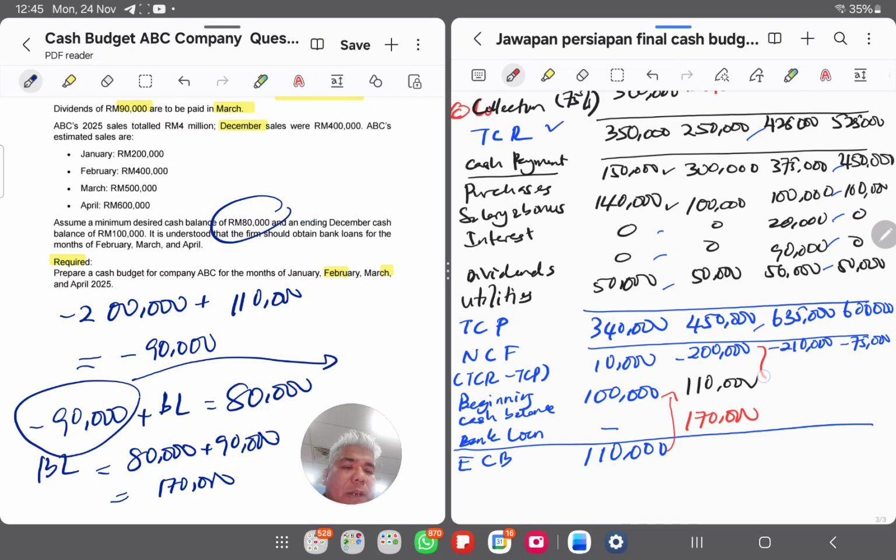So you just total up here, then you will get the 80,000. So minimum you need 80,000 every month. This 80,000 will be the beginning cash balance.